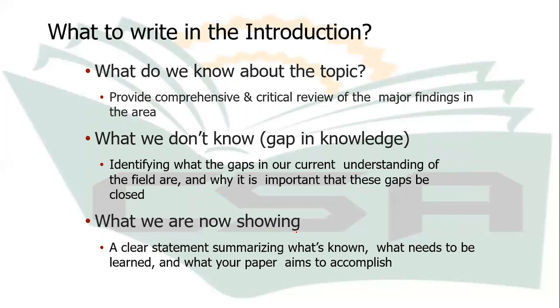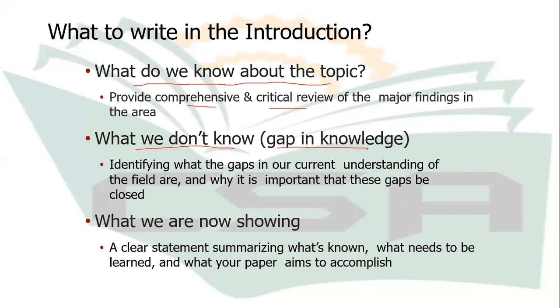So what do we write in the introduction? First of all, what do we know about the topic? I will provide a comprehensive and critical review of the major findings in the area. Then, what we don't know: what are the gaps in knowledge, and what should be known.